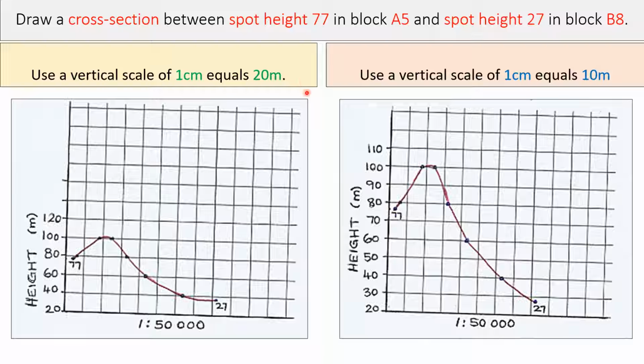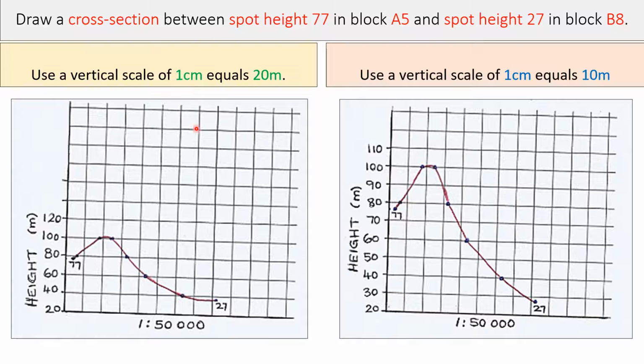Two cross sections have been drawn on screen. These two cross sections represent the exact same landscape between spot height 77 and spot height 27 from the topographical map. However, they differ with regards to the vertical scale that was used to draw the cross section.